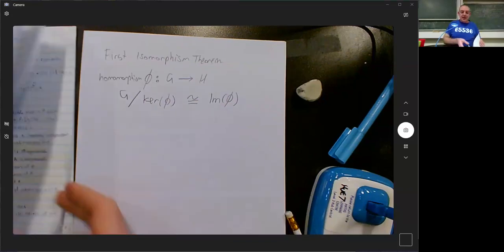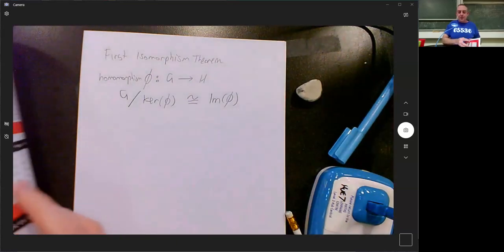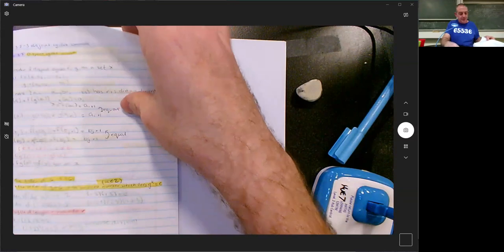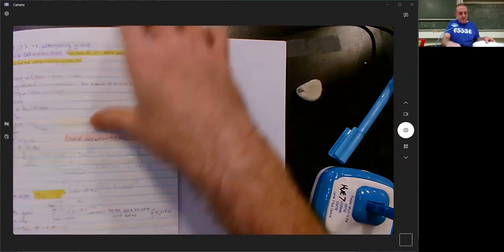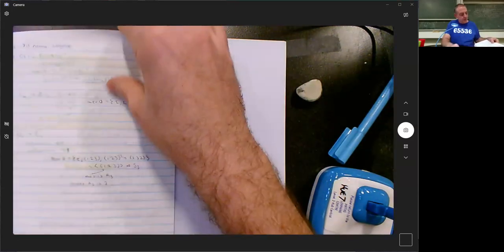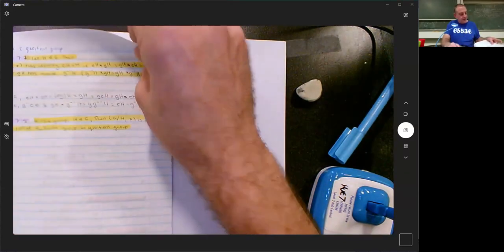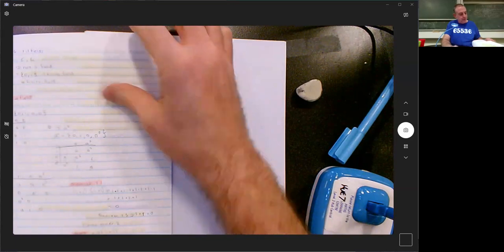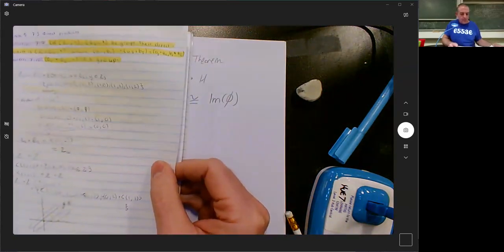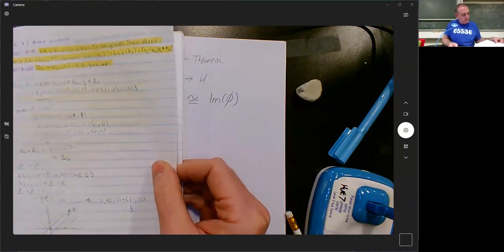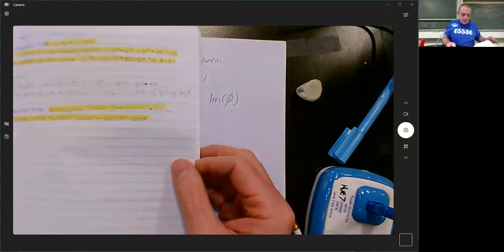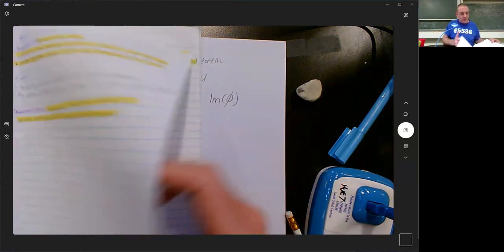So in order to understand the first isomorphism theorem, we need to know what all of these symbols mean. Permutations, alternating groups, normal subgroups, cosets, factor groups.